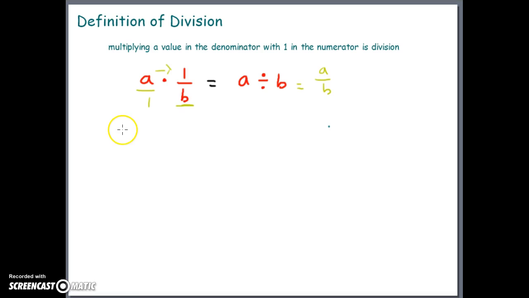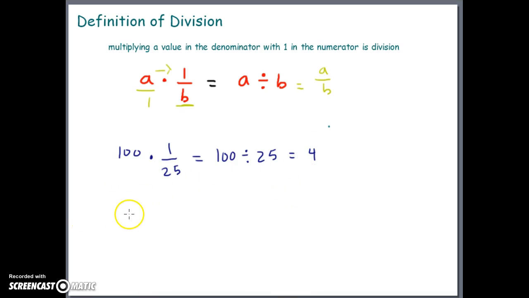So another example of this would be if you had 100 times 1 over 25, 1/25. This is the same exact thing as just saying 100 divided by 25, right? Because 25 is in the denominator and we've got 1 in the numerator, which is the same thing as just saying 4.